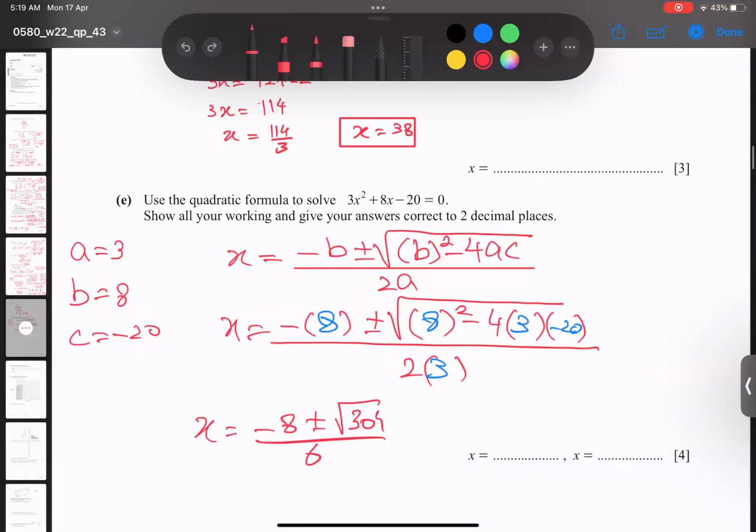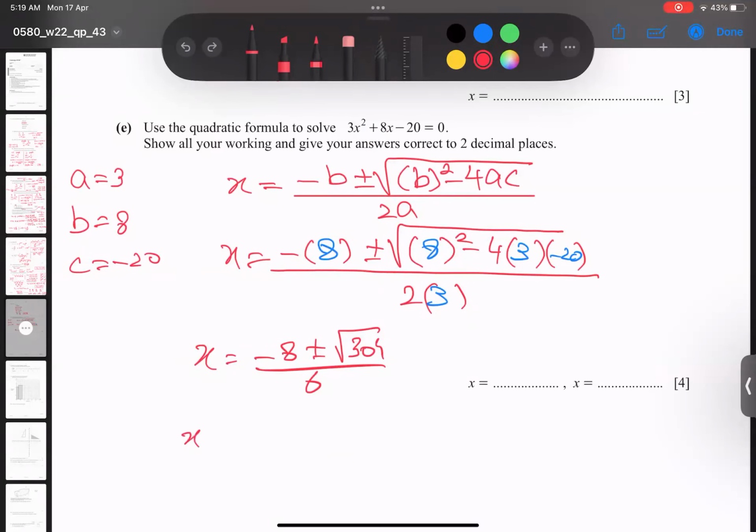Okay, this is done. Now we'll split into two parts. Negative 8 plus root 304 over 6, and for the second answer, I'm writing negative 8 minus root 304 over 6. Now just simply type in the calculator, and I believe there is nothing hard to solve.